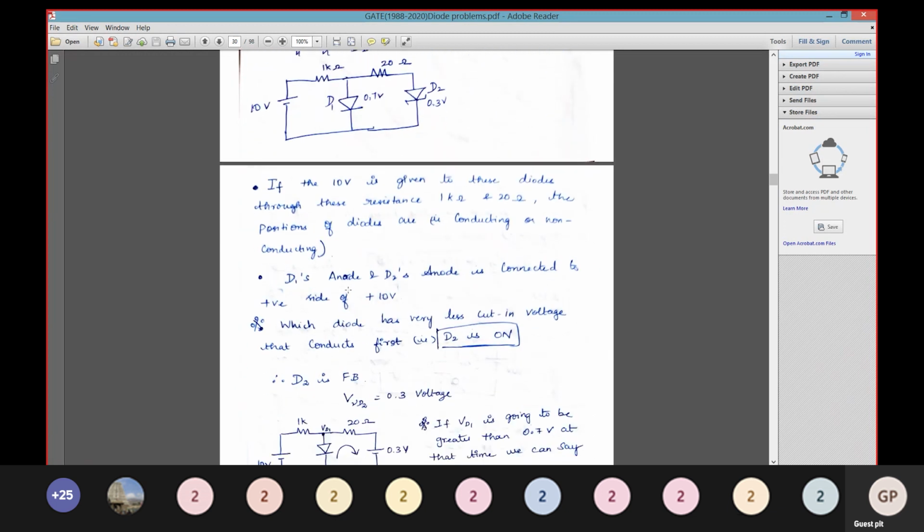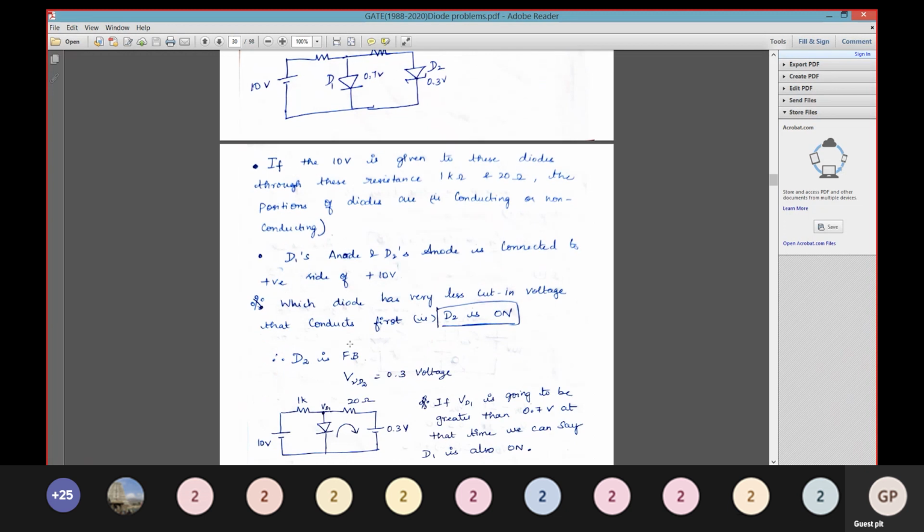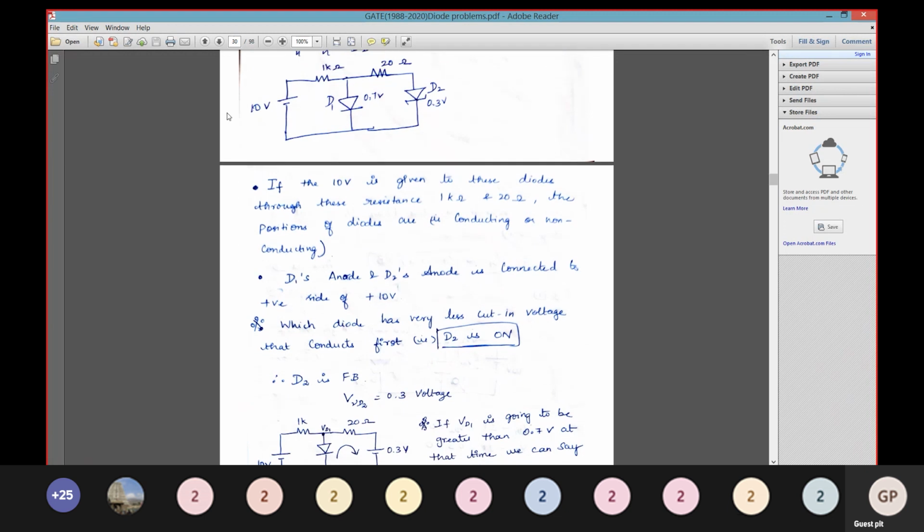Now let us check. What is the given input voltage? The input voltage is 10 volt, given through resistors of 1k and 20k. If you compare, here you need 0.7 and here you need 0.3.